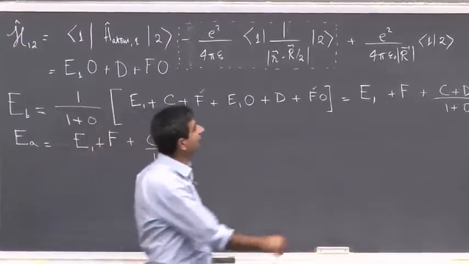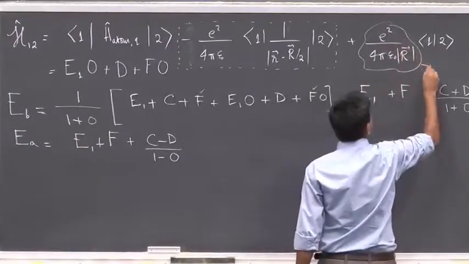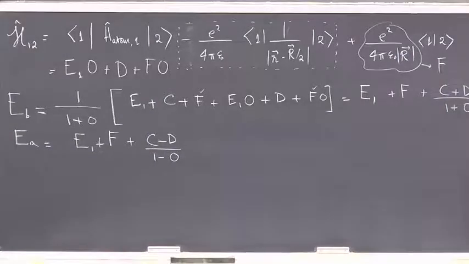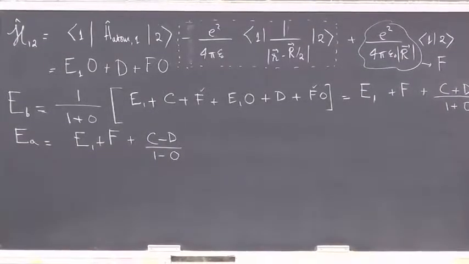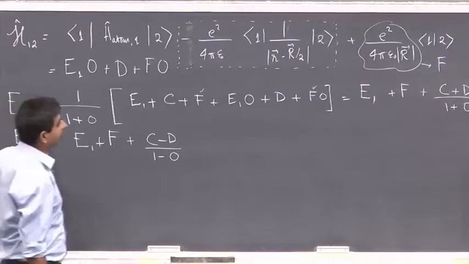Because this is defined as F, right? This thing is the same as this thing over here. Capital R could be a parameter, but it does not depend upon the electronic coordinates. It depends upon the internuclear distance. And when we are taking integrals, we are integrating over the electronic coordinates because we are dealing with electronic wave functions. So this is EA, this is EB.